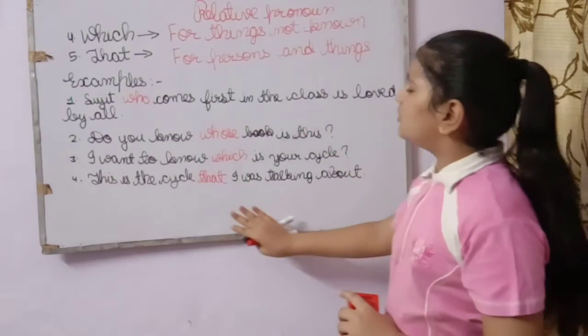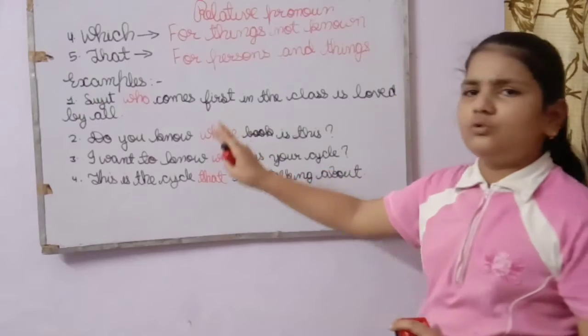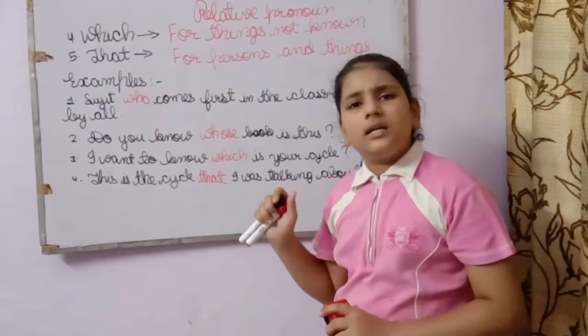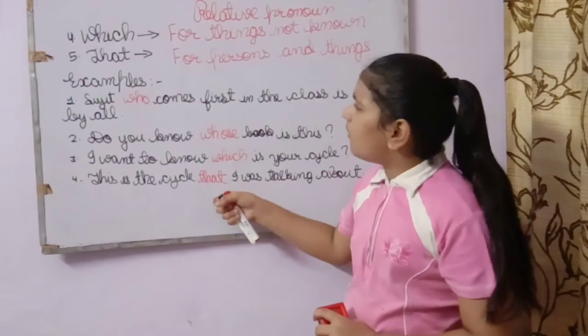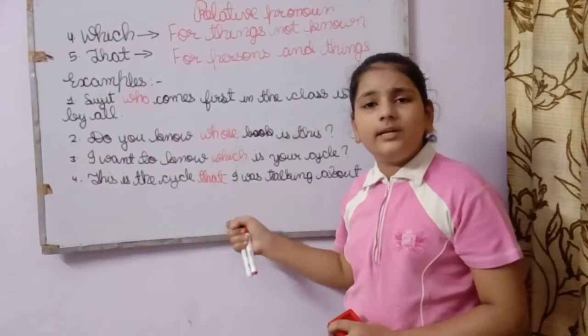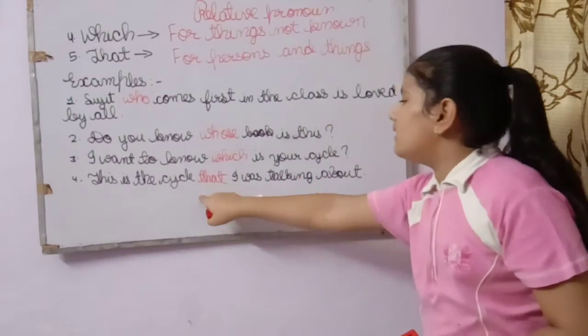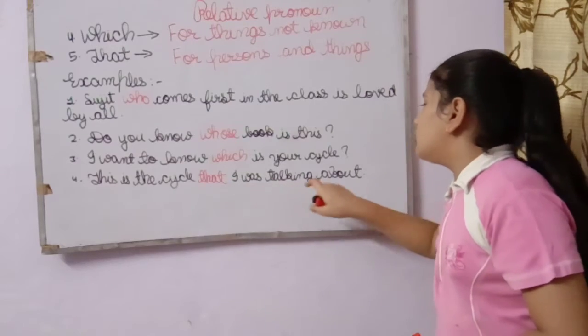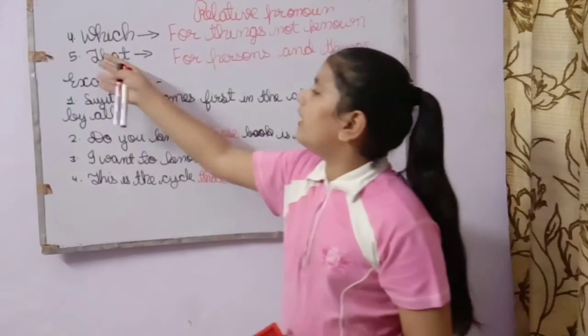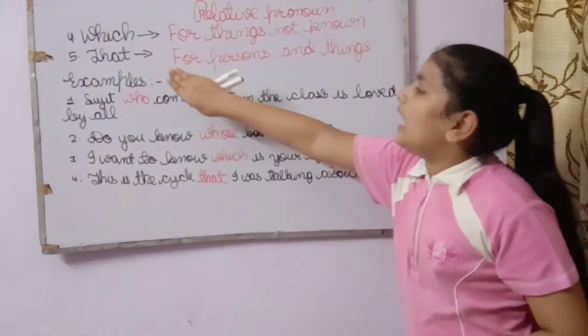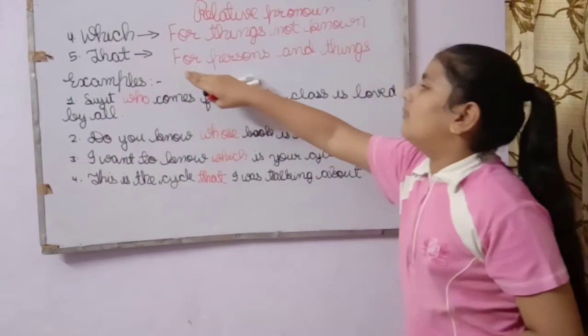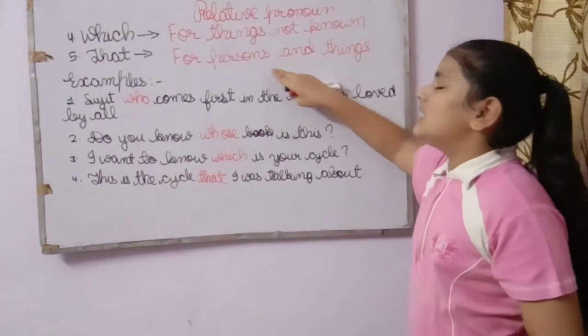Now, we have just learned about which, whose, who, whom. But now, what is the meaning of "that"? Why have we written "that" in this sentence? This is the cycle that I was talking about. What we have learned is that "that" comes for persons and things.